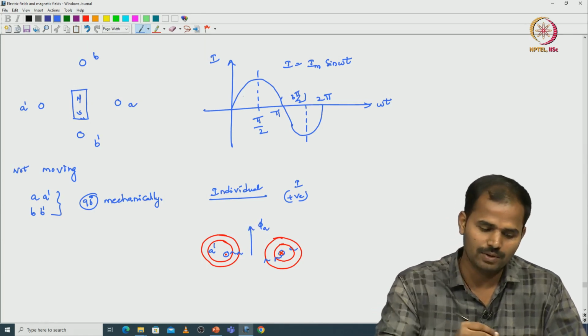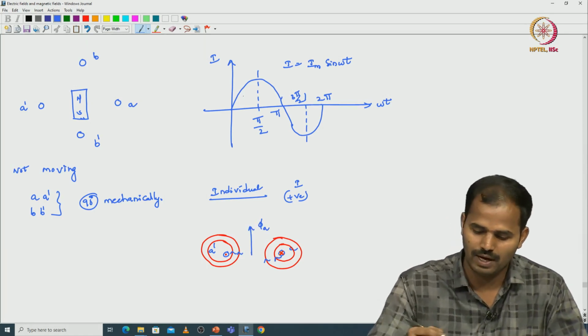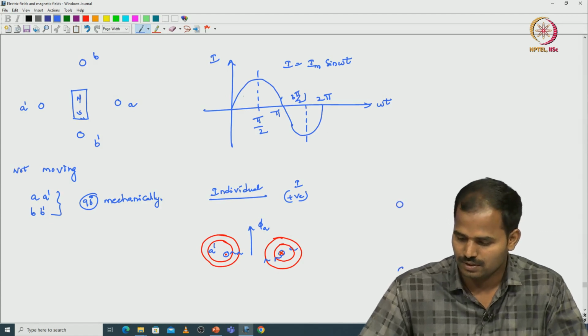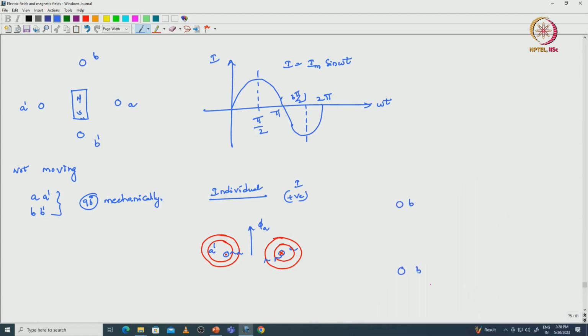Similarly, we will analyze the coil B and B dash. Here the current again I am considering positive only for reference. B will be a cross and B dash is a dot, current is coming out.